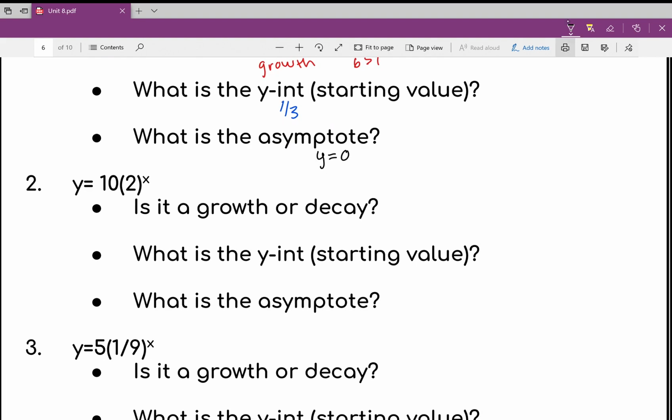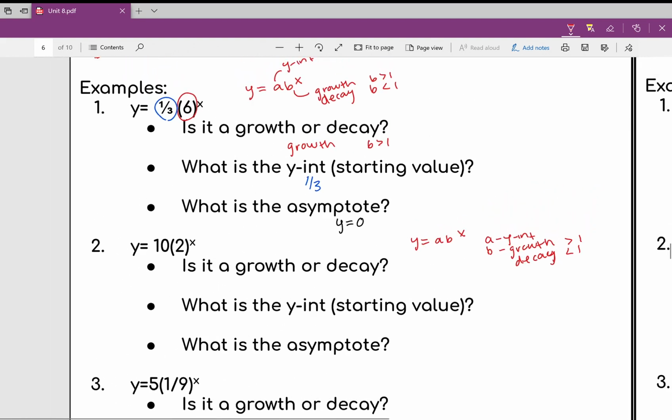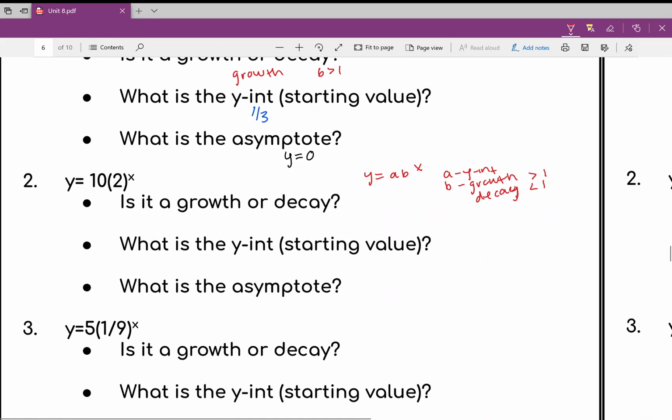Again, same thing. We're dealing with the equation y = ab^x, where a is the y-intercept, b is growth if it's greater than 1, and decay if it's less than 1. The first part says, is it a growth or decay?